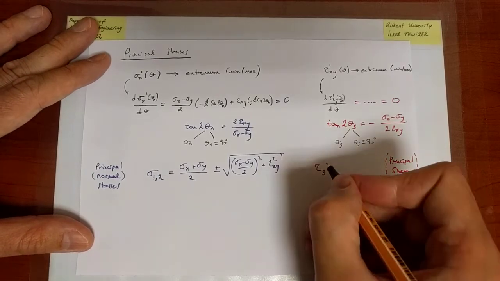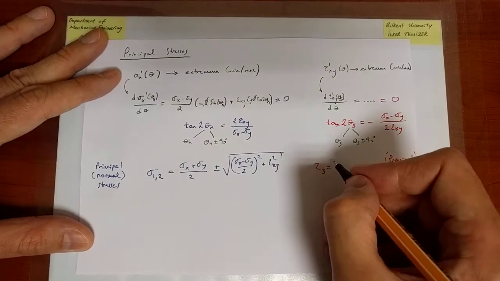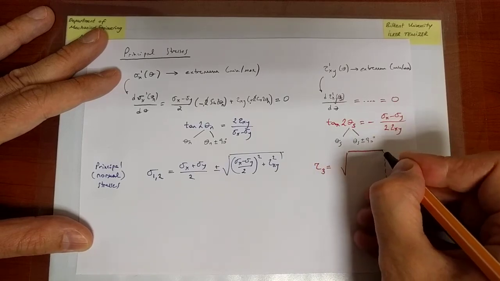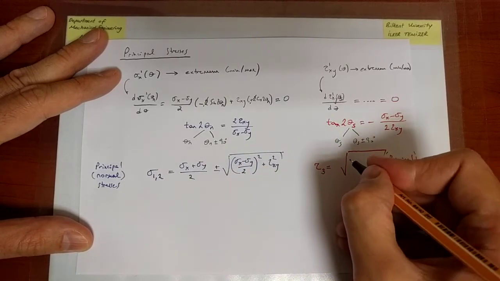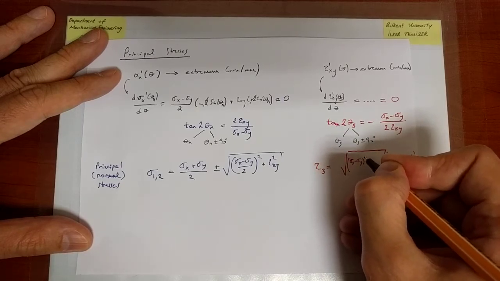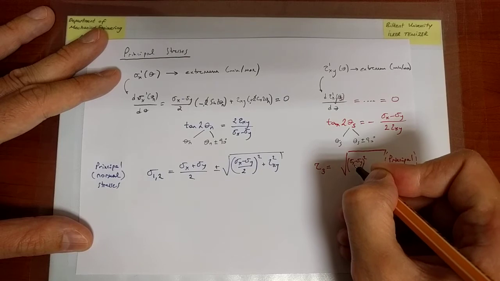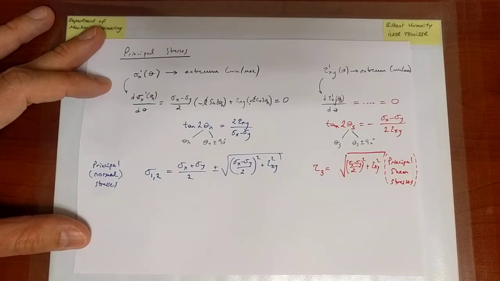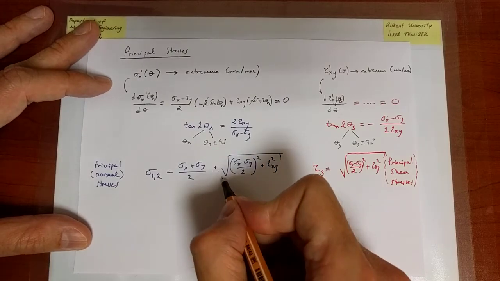So that is equal to the square root of whatever is in there, over 2 plus tau xy squared. Okay, so exactly the same thing, notice.